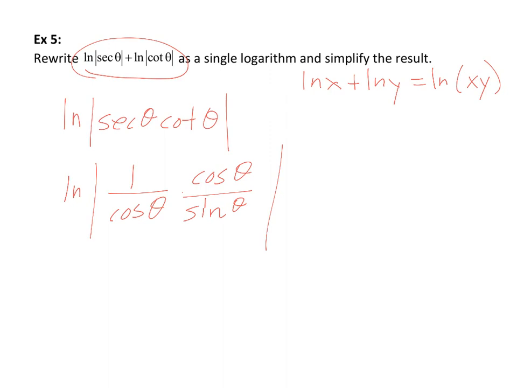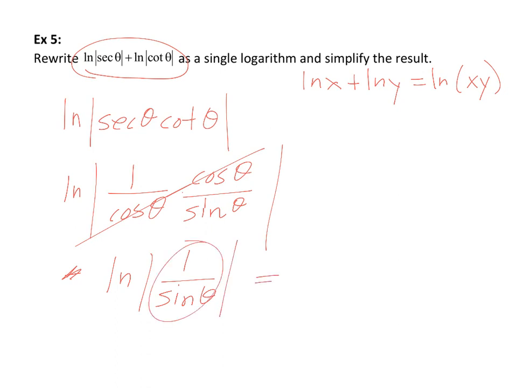And you only get good at these problems by working on them on a daily basis. So now we see that these functions cancel out, and what originally looked like a complex problem actually turns into a very simple one. All right, now I can apply the reciprocal identity, and I get natural log of cosecant theta. All right, that's all there is to that.